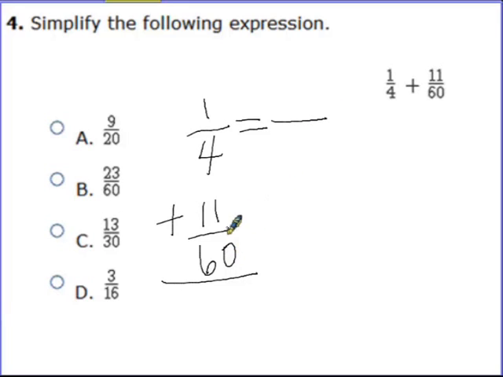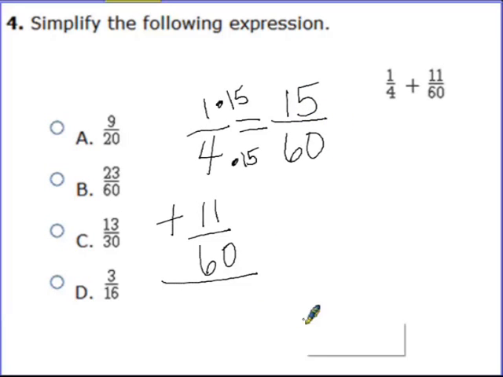So this fraction's denominator is 60. I can easily make this have a common denominator by multiplying by 15. And remember, whatever you do to the bottom, we have to do to the top. Multiply that by 15 as well. And common denominator, I keep my 60 as the common denominator.